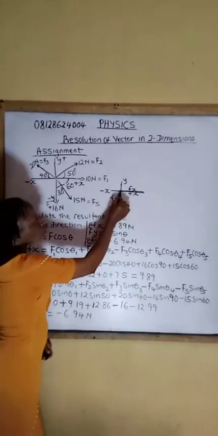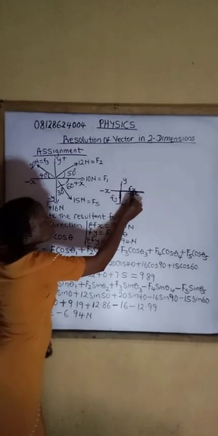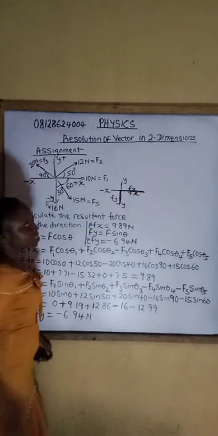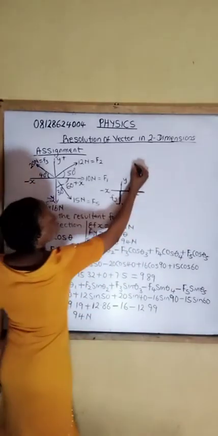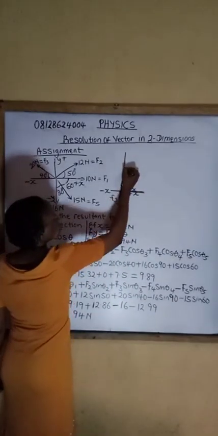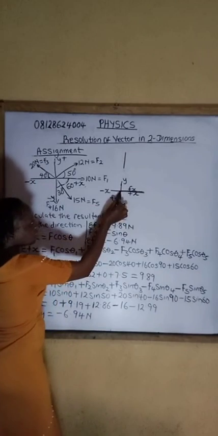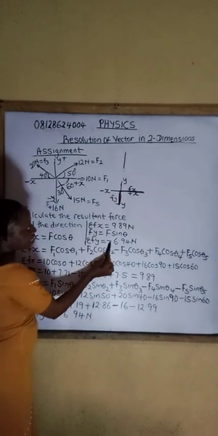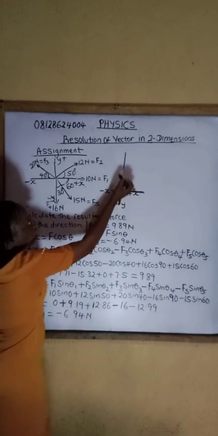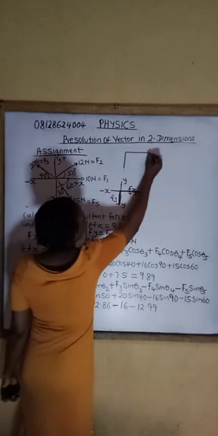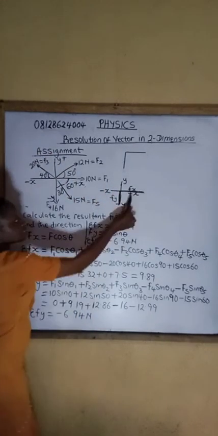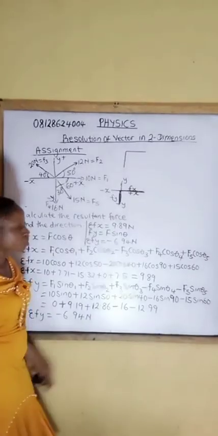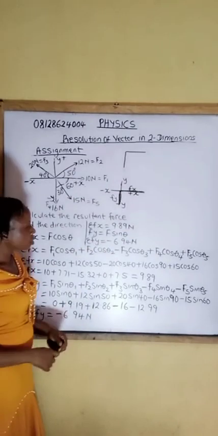So we can bring out something in form of L out of this diagram. So we are going to have this. That is this negative y-axis because our fy is negative. Then this is positive x-axis because our fx is positive. Can we see that?